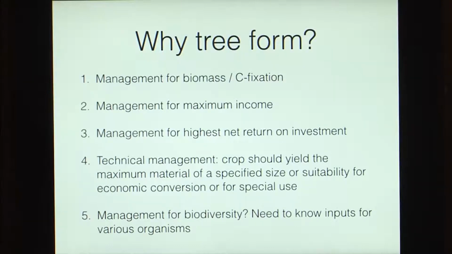To give an example, you might have a forest stand that has to be managed for the needs of timber merchants, or maybe for the needs of shipbuilders. In a forest stand managed for timber merchants, you might require smaller sized trees, but in a forest stand managed for shipbuilders, you might require larger sized trees. So, that is called technical management.